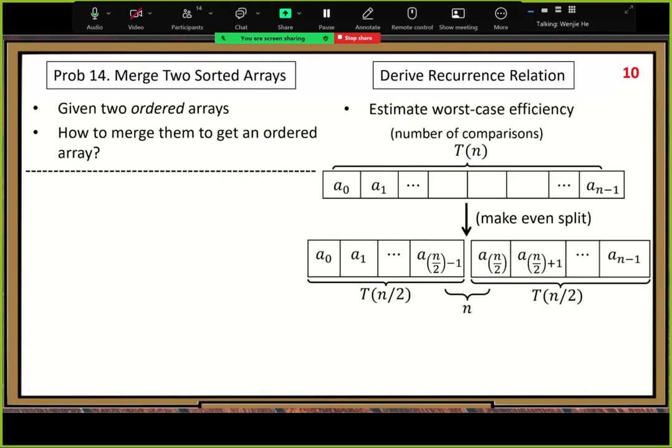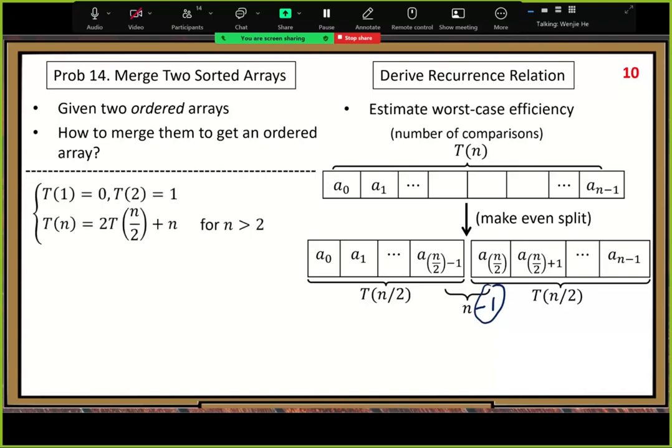So based on our worst case formula, we should use n minus 1, but remember this minus 1 is very small. For simplicity, we just use n. So we drop that minus 1. Then we write this recurrence relation.